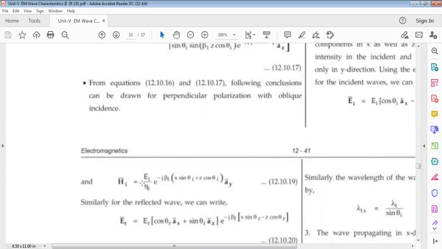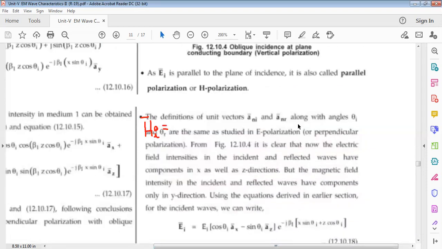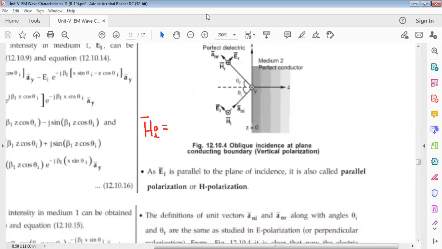So Hi bar is equal to, see in the diagram itself, draw a perpendicular line here. So an i bar is in this direction, and the upward direction is the positive x direction. So for theta i, the opposite side is sin theta i and the adjacent side is cos theta i.